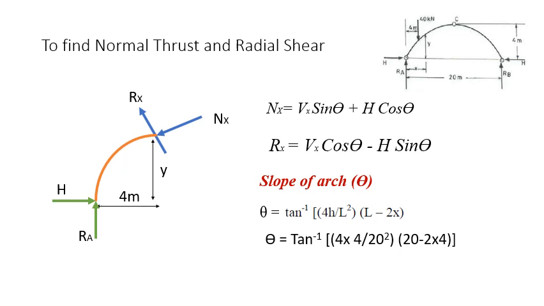So substituting x as 4 meter, h is also 4 meter here. So we get theta as 25.64. Here the Vx denotes the shear force, that is nothing but algebraic summation of all the vertical forces at that point.